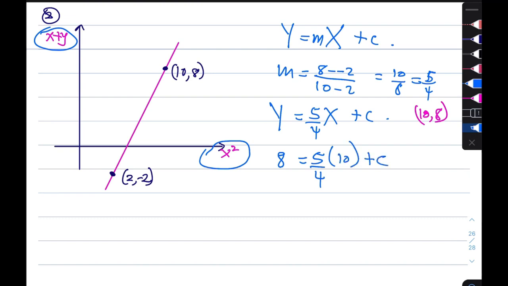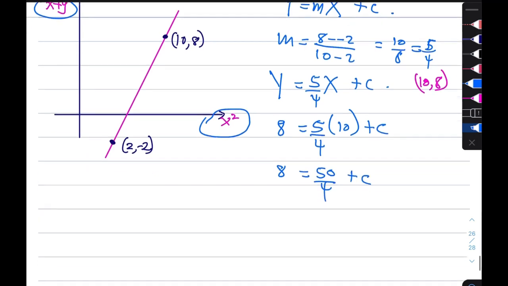So you have 8 equals 50 over 4 plus c. So c is basically 8 minus 50 over 4. I think that'll give you negative 9 over 2. Let me confirm that on the calculator. 8 minus 50 over 4. Yes, negative 9 over 2.